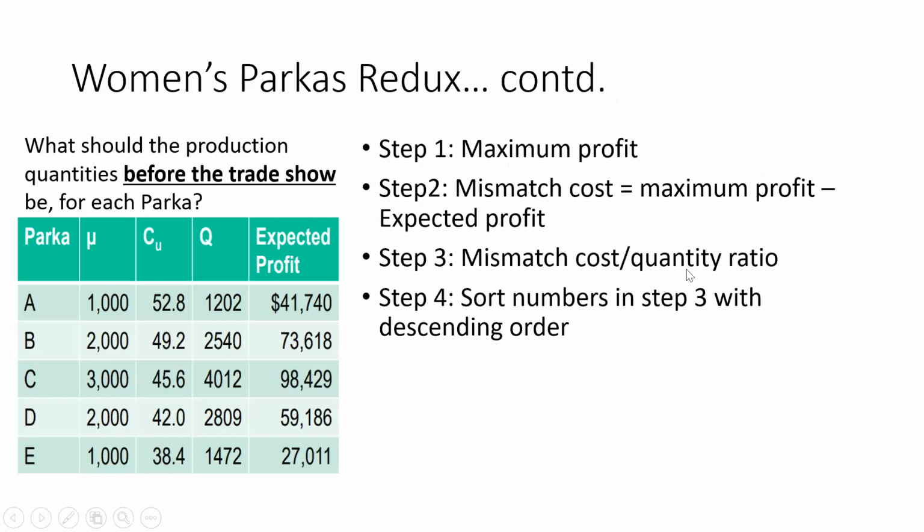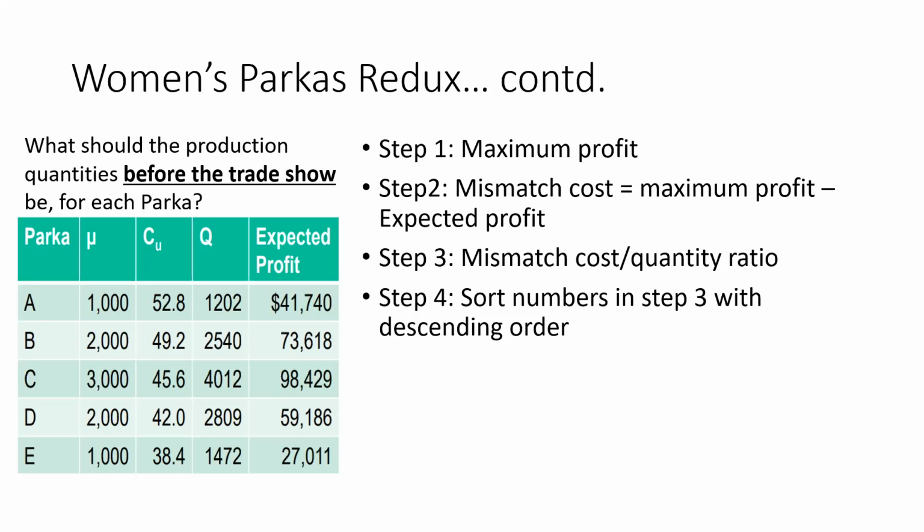Okay, step 1. You need to figure out your maximum profit for each Paka. And step 2, figure out the mismatch cost. Mismatch cost is equal to maximum profit minus the newsvendor model expected profit. The good thing is expected profit is given in the table, and all you need to calculate is the maximum profit.